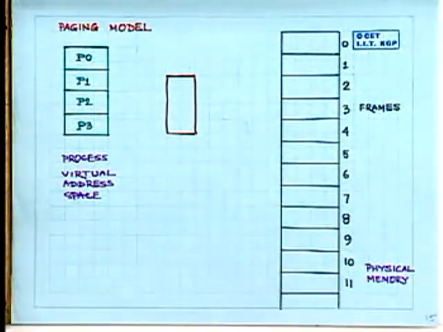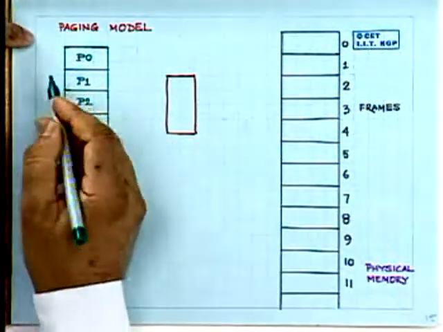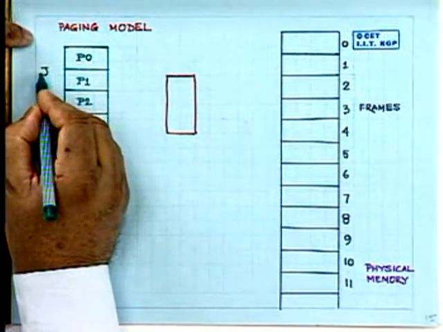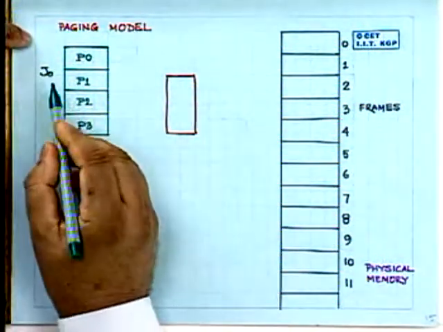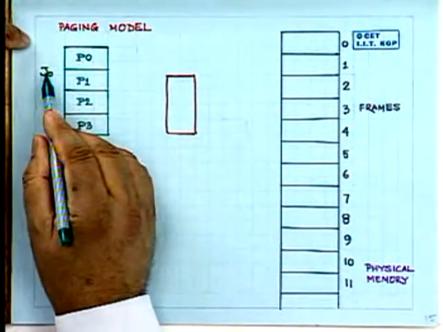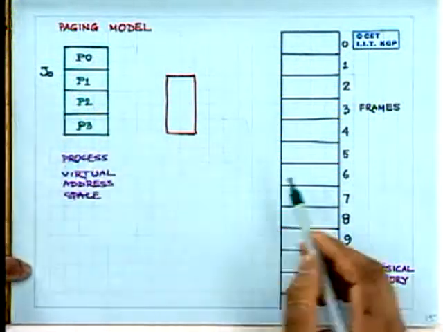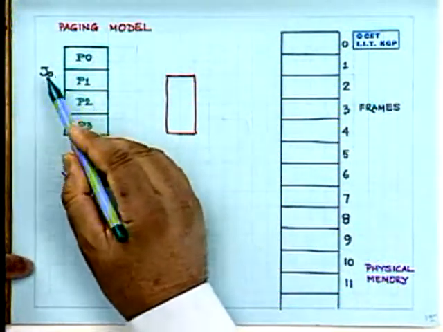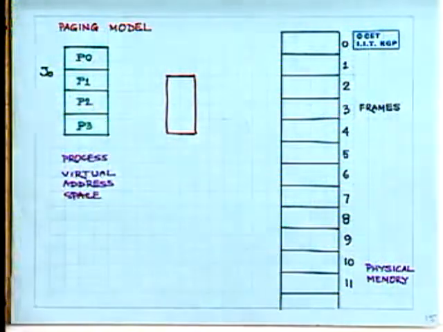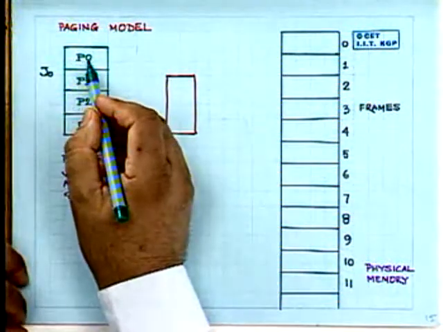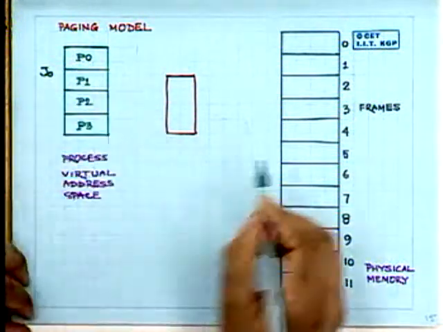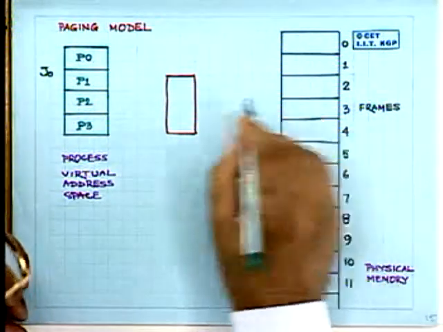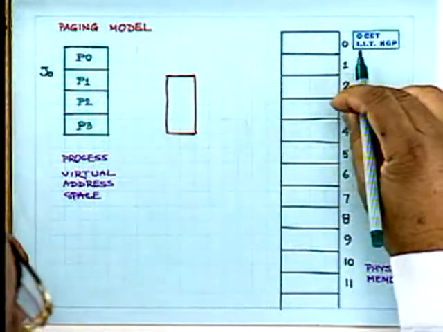Let me assume that this is my process J0, let's say it's a job J0 we call. As I said, for this discussion, I'll use the terms job, process, and program interchangeably. Say page 0 of J0 has been loaded into frame number 3.